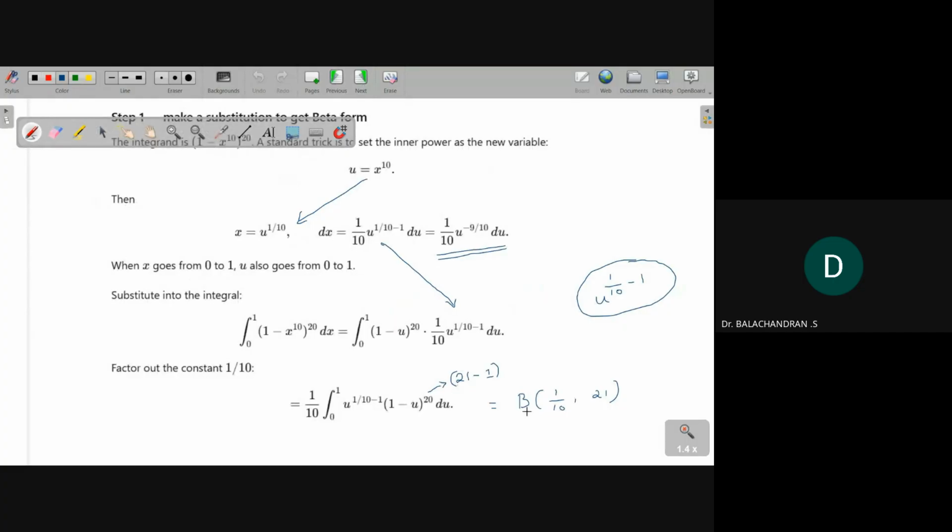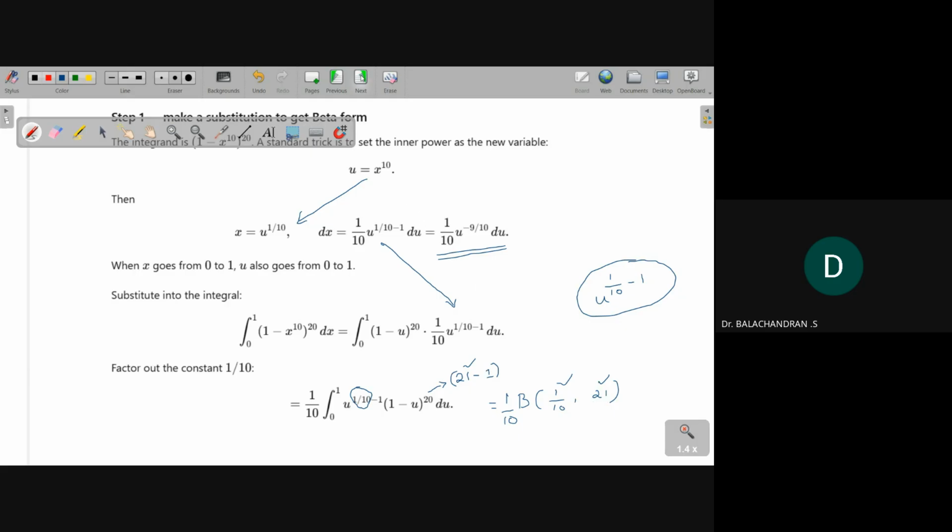That's why this is equal to 1 by 10 into beta of m, n, where m is 1 by 10 and n is 21. So 1 by 10 into beta of 1 by 10 comma 21.